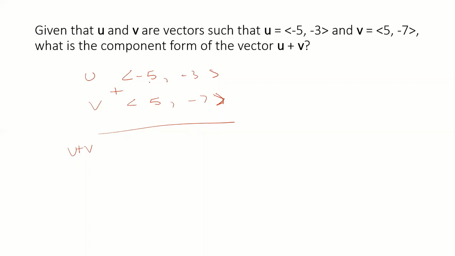What we're going to do is take these two parts of the component and add those together. So -5 plus 5 is just 0. And then we're going to add -3 with -7. So -3 plus -7 becomes -10. So this is our answer right here.